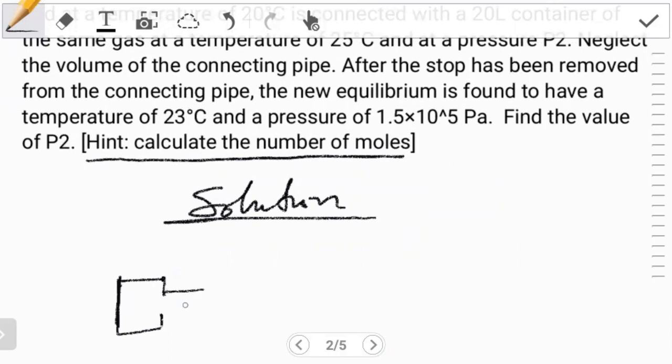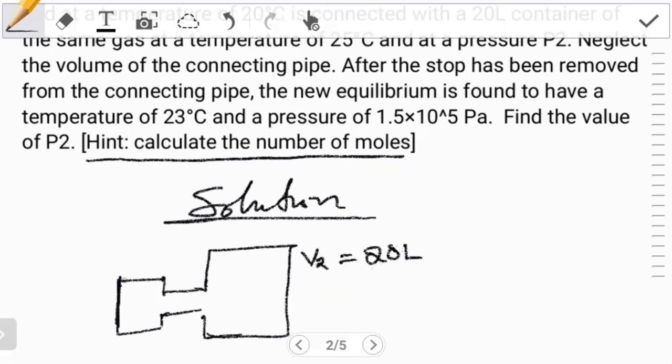And on the other side, we have a larger container with a volume of 20 liters. So on this side, we have volume V1 equal to 5 liters.